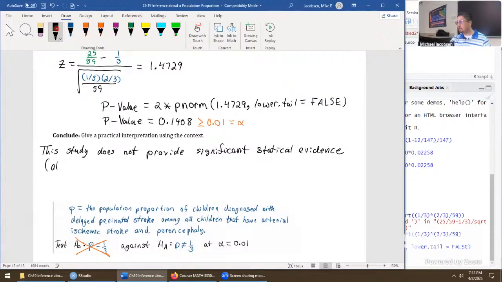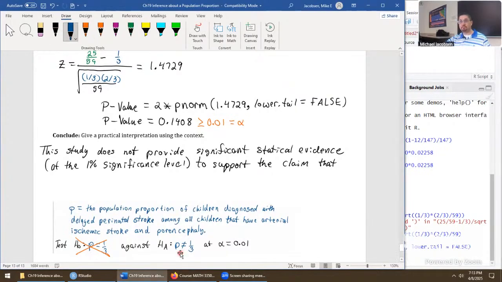I'll say here at the 1%, we're talking about alpha now, significance level, to support the claim that, now we go back here, read out P not equal to 1/3, but we have to mention it with the context. And that's why we were careful writing out this P the first time. Now, again, it's painful to write out every element of there twice verbatim.